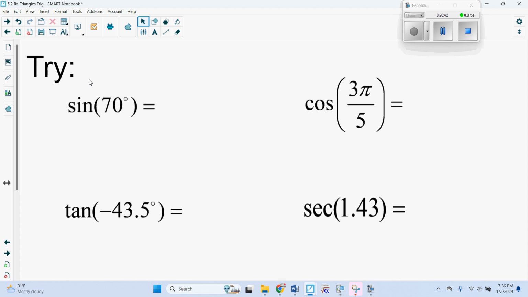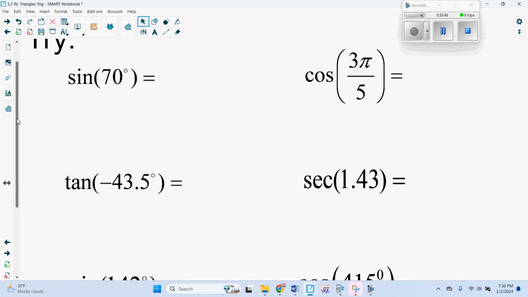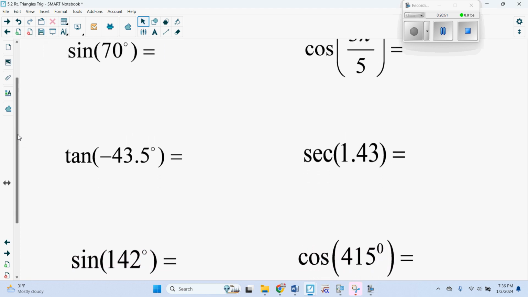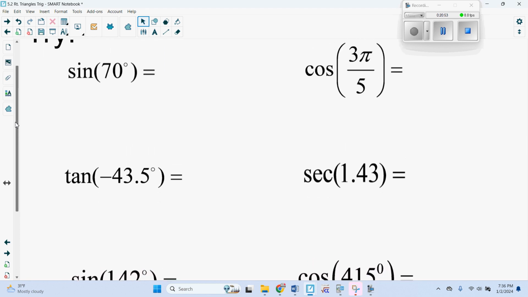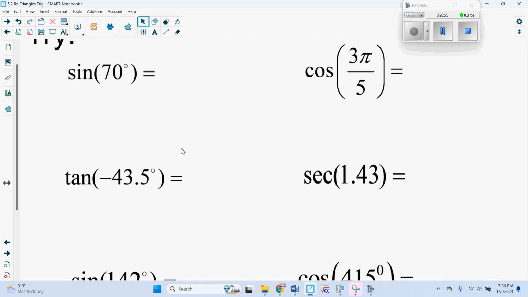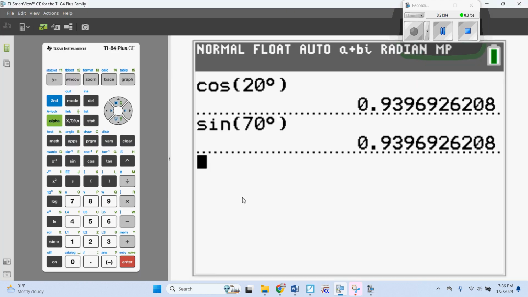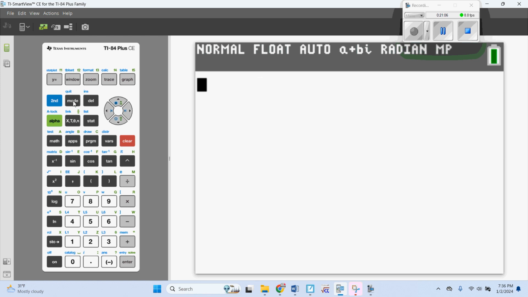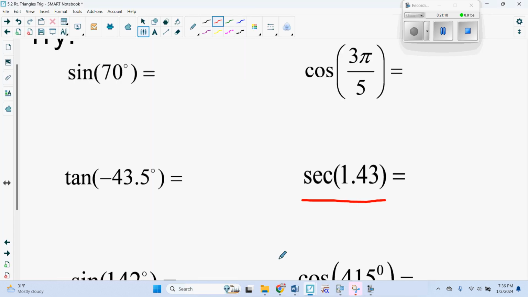So if we wanted to try to evaluate these on our calculator, this is a matter of just typing them into the calculator and making sure sine, cosine, tangent, and are you in degrees or radians. The one thing I will mention, if we wanted to find secant of 1.43, now that's radians because it doesn't have the little circle there. There is nowhere built into the calculator to find secant.